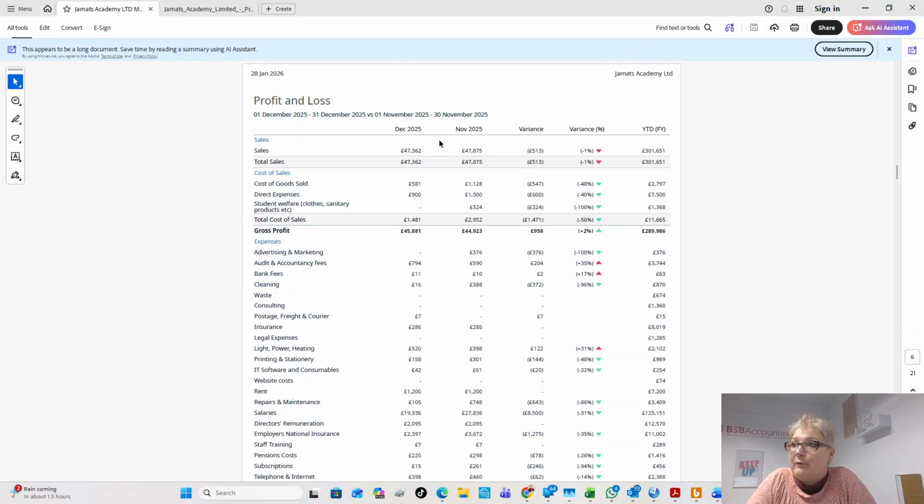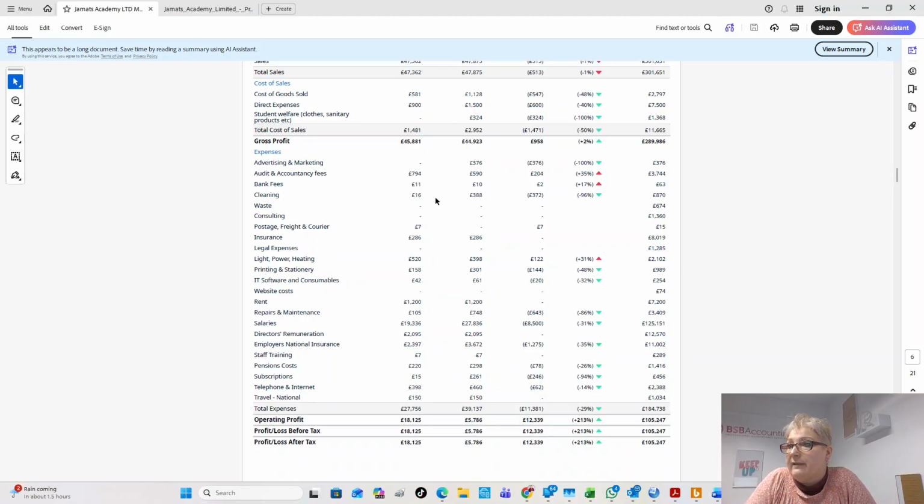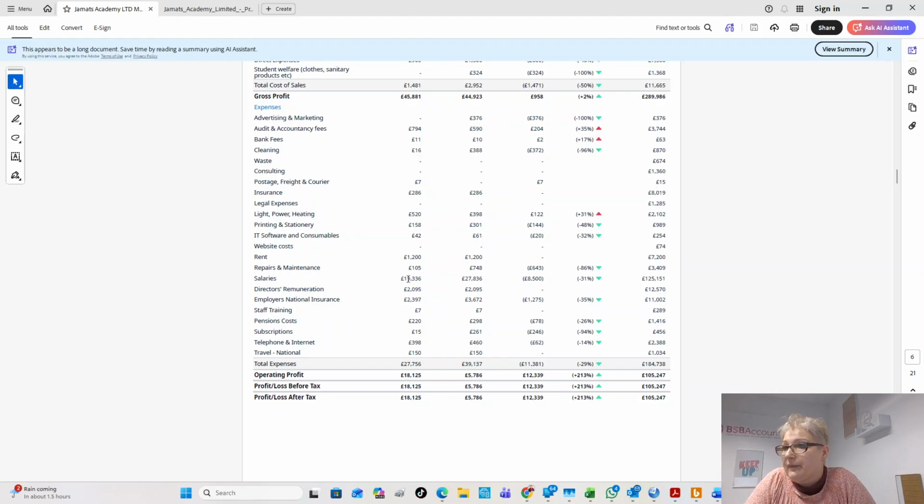And this is the detailed profit and loss. So all your sales, your purchases, direct expenses, and all the other categories, which are usually very similar each month. If you compare with the previous month, it's fairly similar.